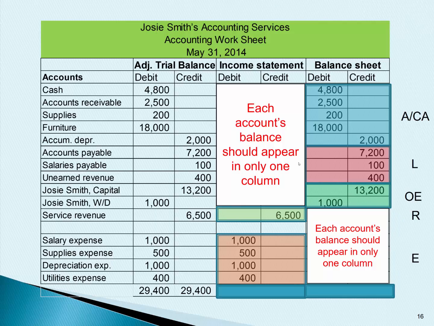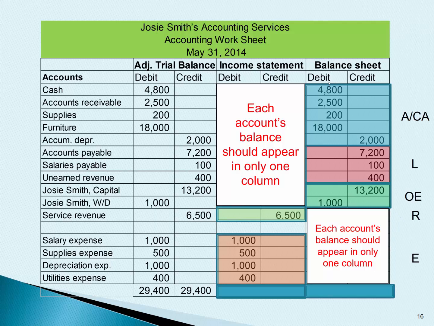That means everything else has to go to the balance sheet columns. So we're going to move cash, $4,800 over, and move all these asset, liability, and equity accounts over here. So what this means is that each account is going to go either on the income statement or the balance sheet columns.